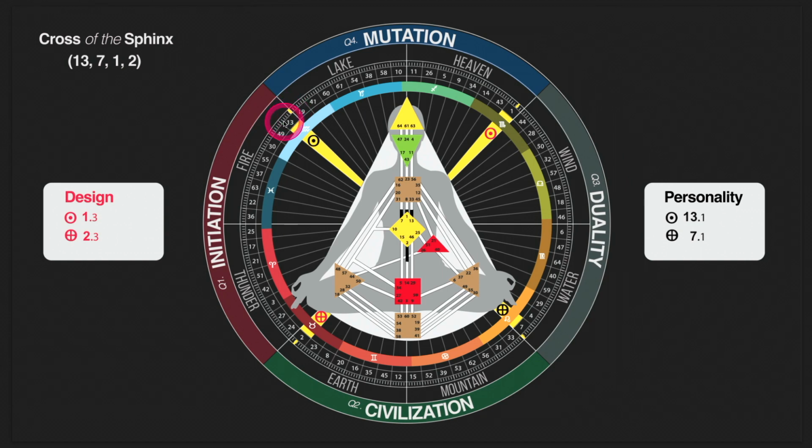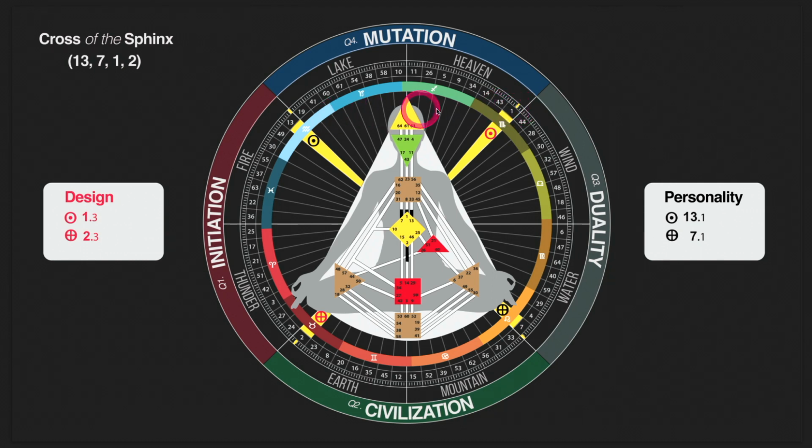For that week or so, a little less than a week, obviously, the sun moves through gate 13, and it will consecutively move through all 6 lines of gate 13. So if we start with the 13-1 here, we demonstrated how if you go back 88 degrees of the sun before that birth time, you're going to end up with your design sun in gate 1, line 3, right? That's the first position where it could be 88 degrees apart.